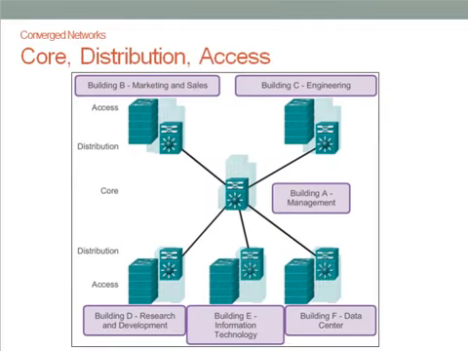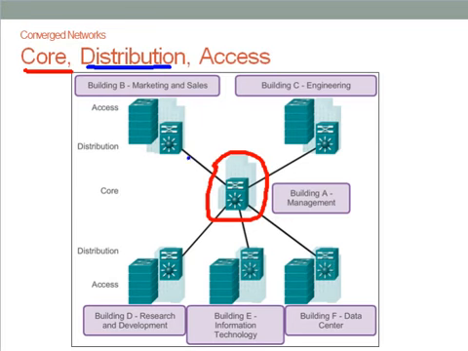So in general, IT networks can be classified in the following way: what we call the core, distribution, and the access layer. The core layer is actually a central system where information is transmitted to other networks such as a wide area network.